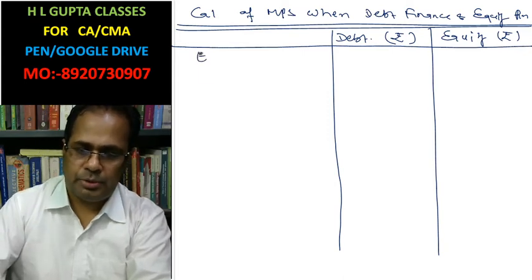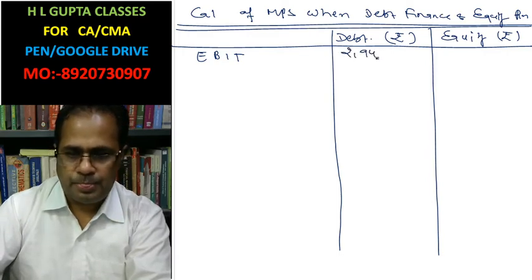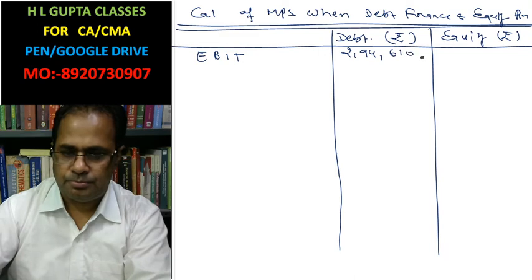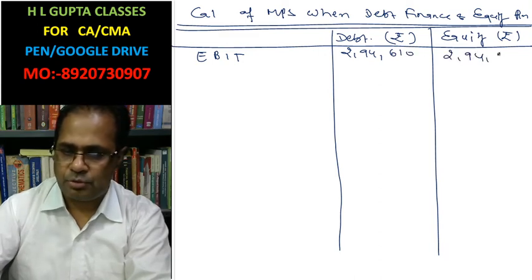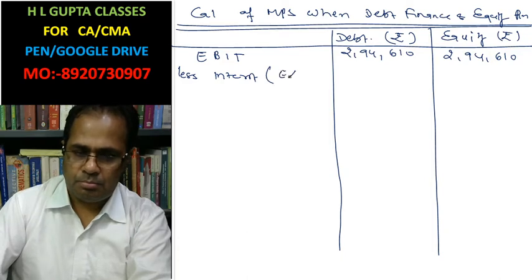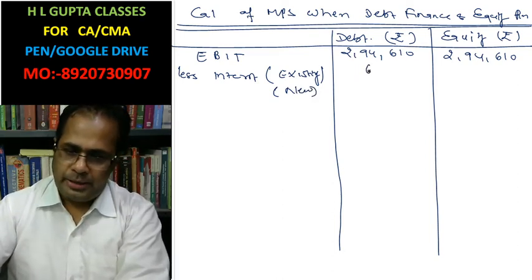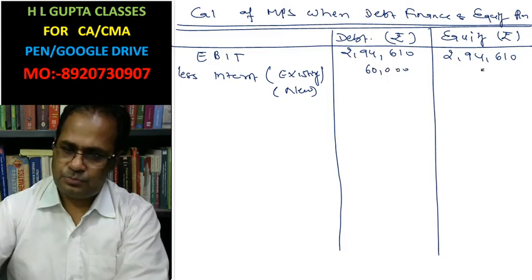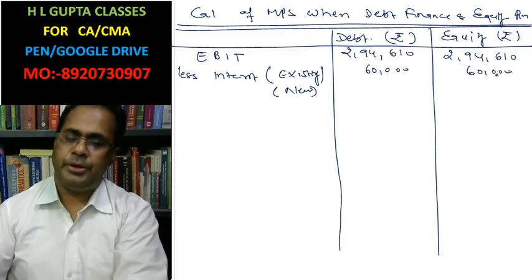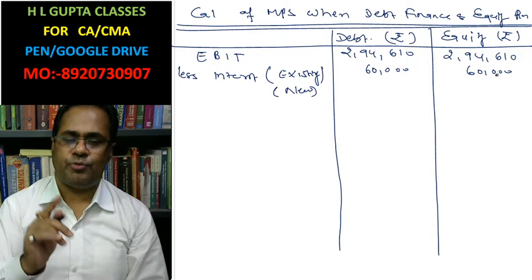Okay. Now EBIT is 2,94,610. Less interest: existing and new. Existing is 60,000. New: in the case of the first alternative, 2 lakh debt is raised at the rate of 14%.